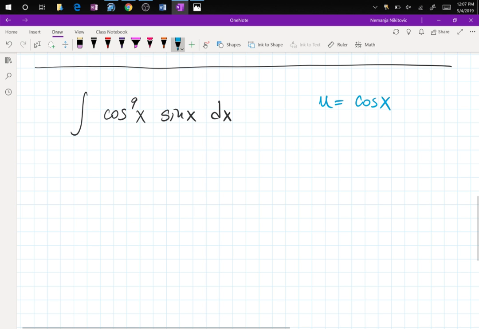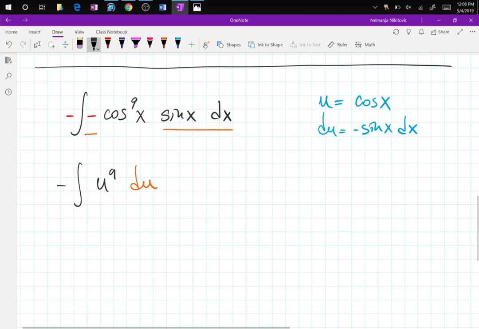The derivative of cosine is negative sine. Then you put the x. And you don't have a negative, so you fix that. Put the negative in and out. They cancel each other out anyway. And now you have negative sine x dx. That's your du. And your cosine to the 9 becomes u to the 9.